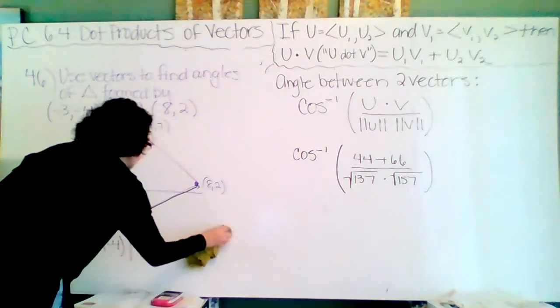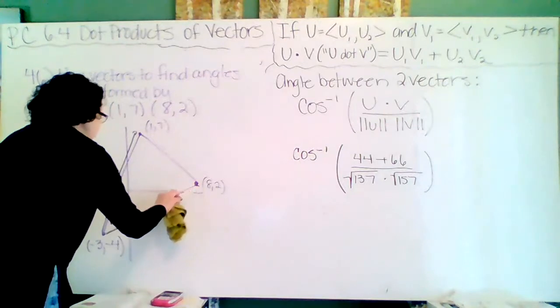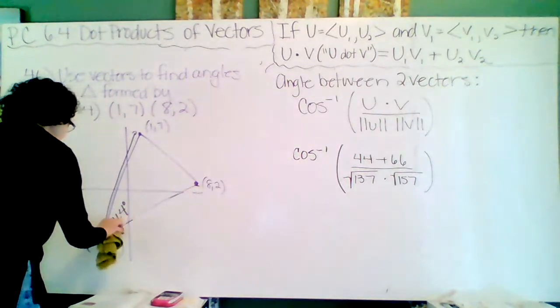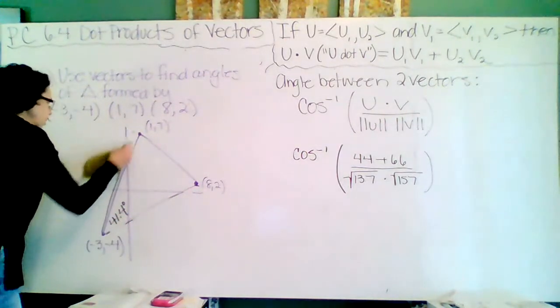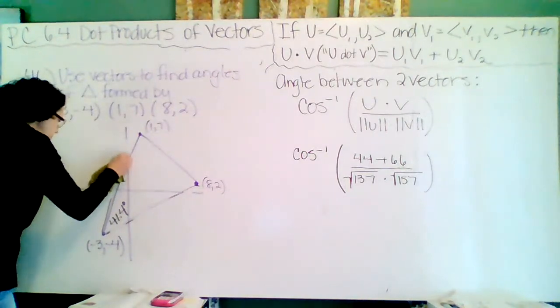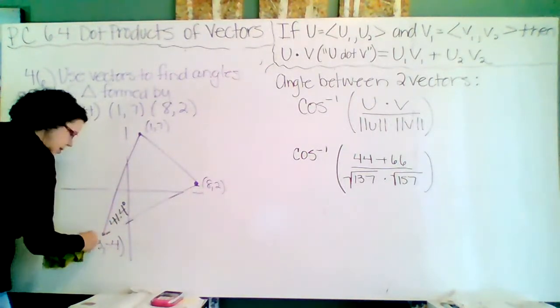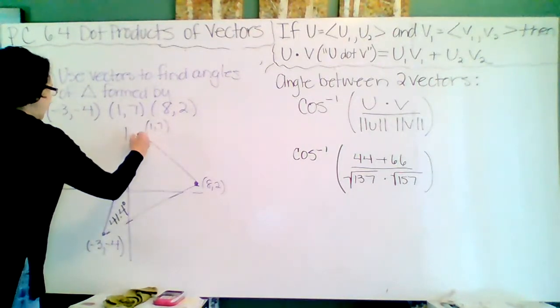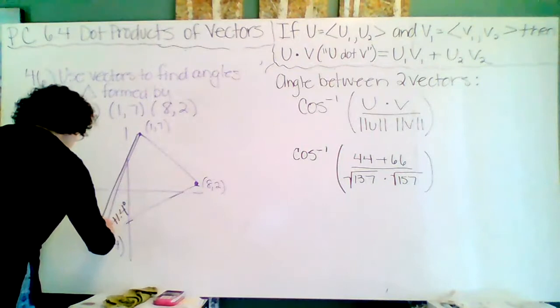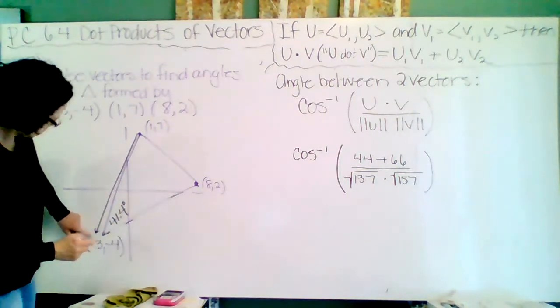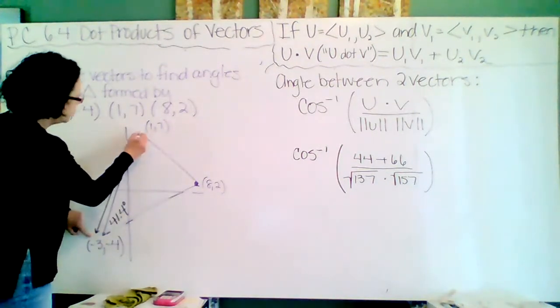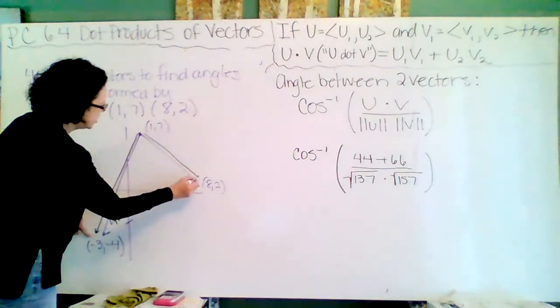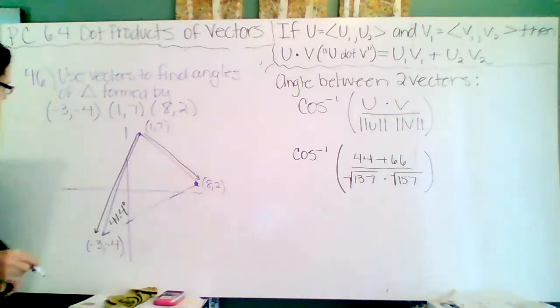Let's move on to this top angle at the vertex 1, 7. Let's find this angle. So, initial point of 1, 7, stretch down to a terminal point of -3, -4, and initial point of 1, 7, terminal point of 8, 2.